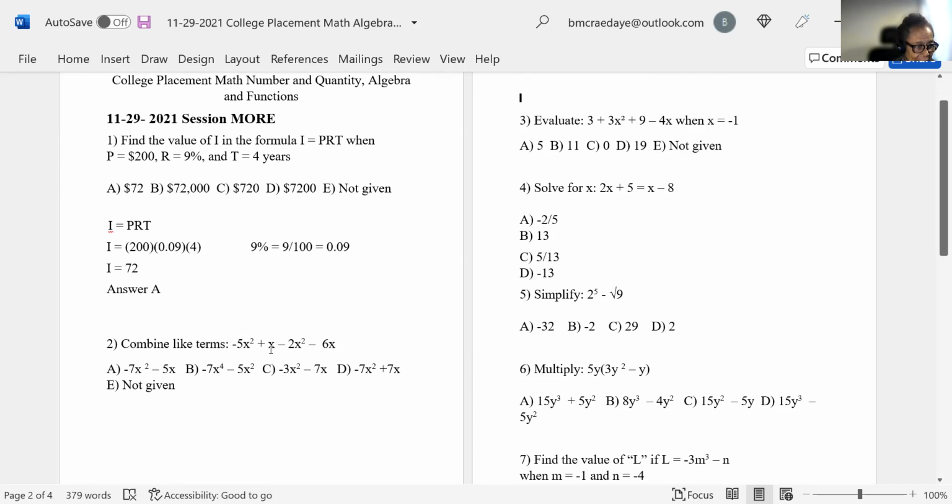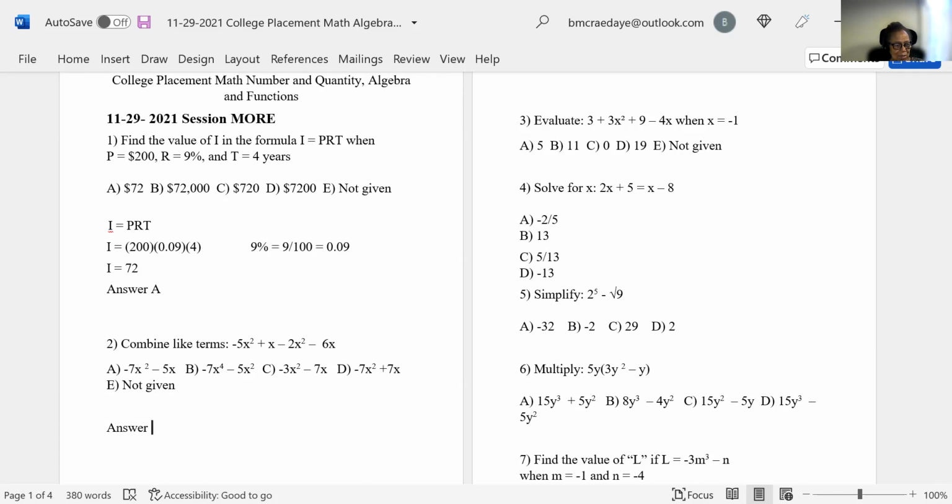And then you have the x's of plus 1x. Remember, 1 is the default. And a minus 6x. So what is the answer? When you combine the x squares and then combine the x's, what do you get?